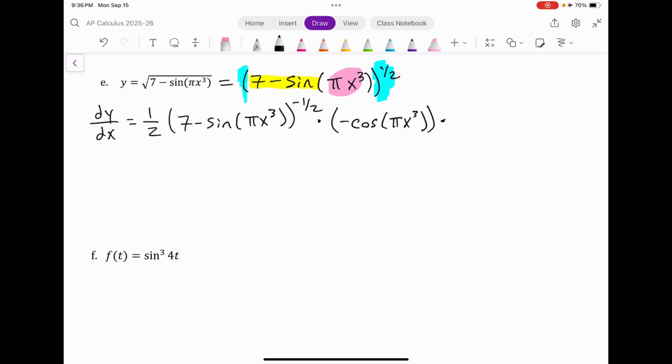What's in pink highlighted, which would be 3 pi x squared. And we will leave it like that because we can't really do anything. You can make this like over 2.